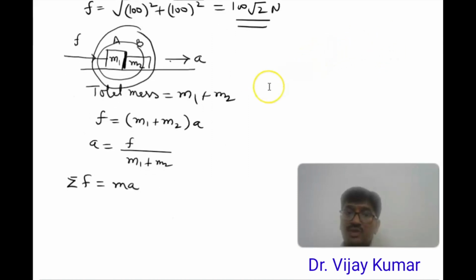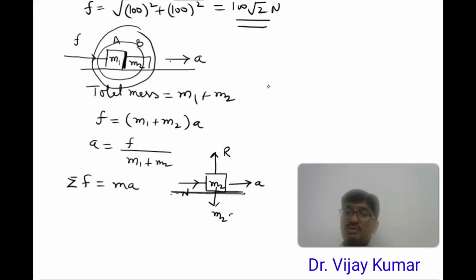And if we see that this is m2 mass, a force is applied by m1 on m2, this is the direction of the reaction, and due to the rigid surface, a reaction force works in the upward direction, and m2g weight works in the downward direction.